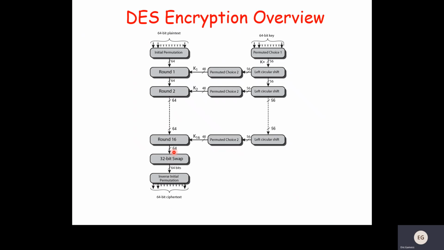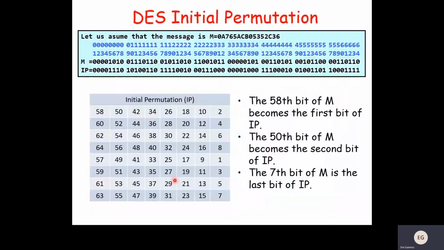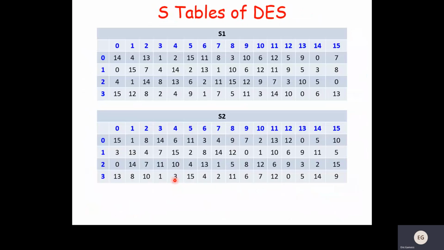We will swap the most significant 32 bits with the least significant 32 bits. So here we will swap 32 bits with 32 bits. And then the initial permutation, we will take the inverse and apply it as a last step. So let me go back to the slides where we were to show that.